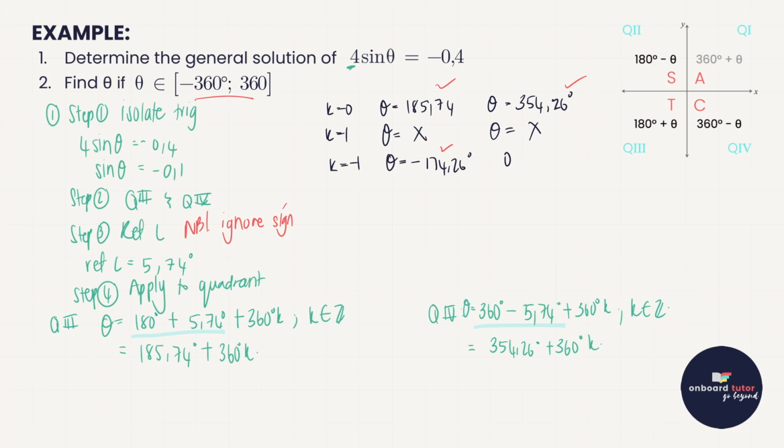Okay, in this second solution, if I subtract 360 there, I am going to end up with a nice, neat answer. So 354,26 minus 360 gives me there minus 5,74, which is somewhere between minus 360 and 360.